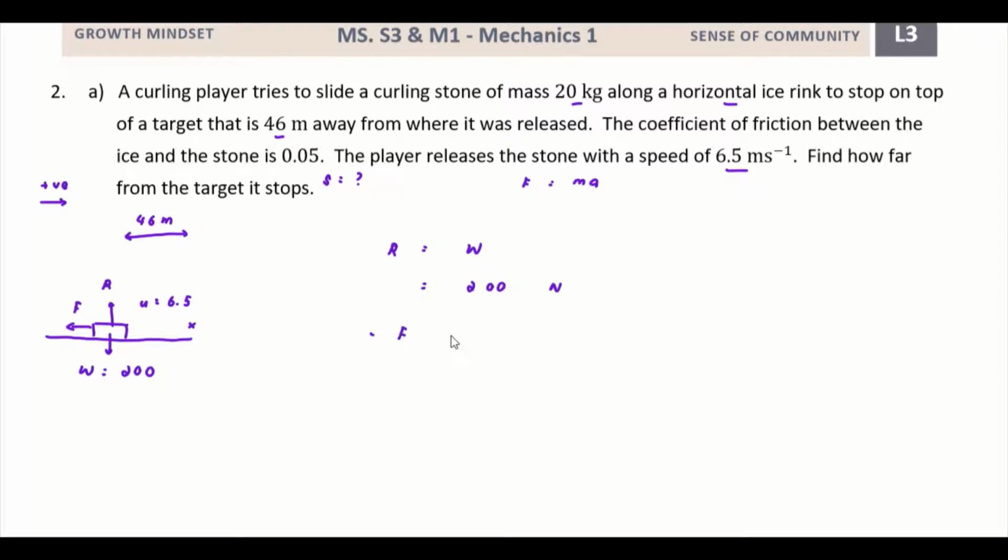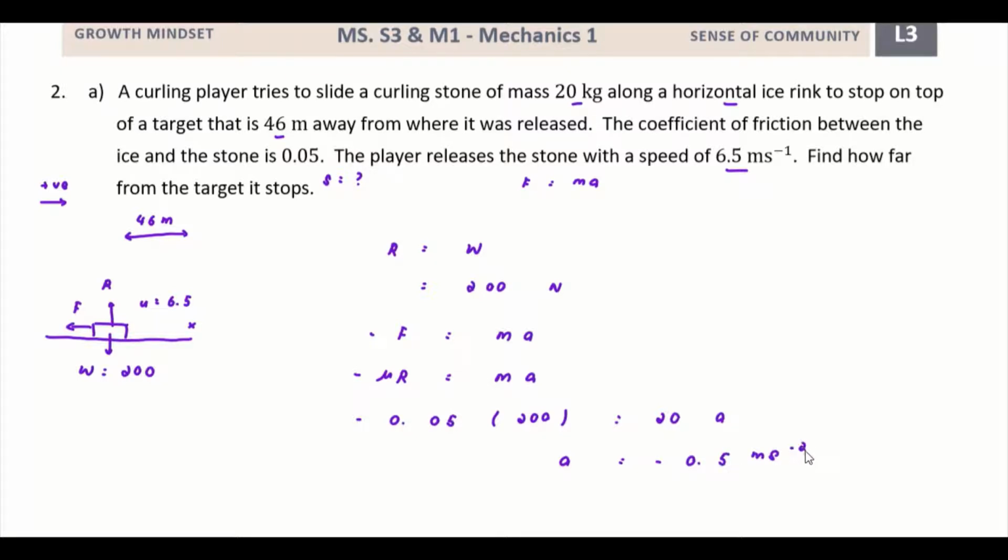So negative F will be equal to ma. So the friction is mu R and equals to ma. The mu here is 0.05. Then the resultant force that we get is 200 times 0.05 and is equal to 20a. From here, I can get my acceleration as negative 0.5 meter per second squared.